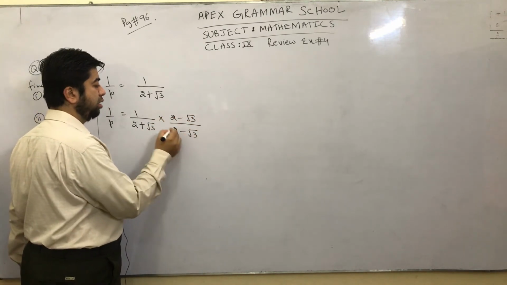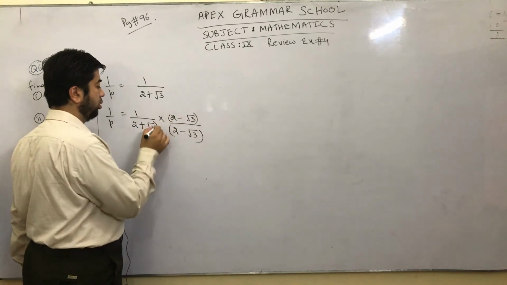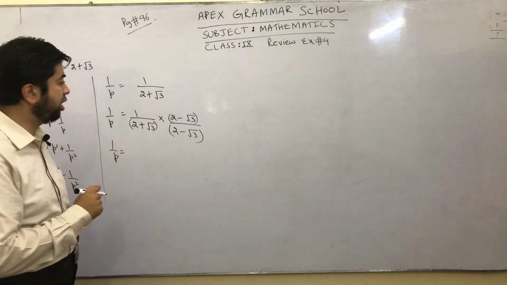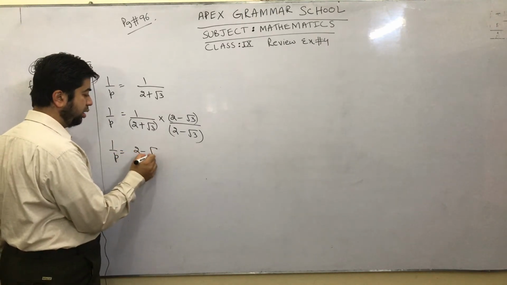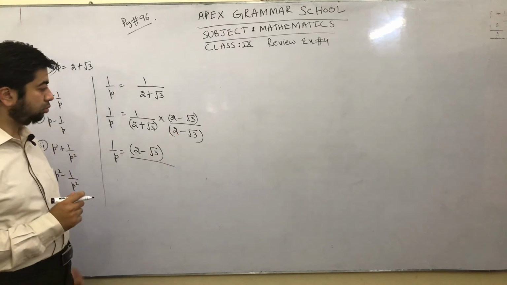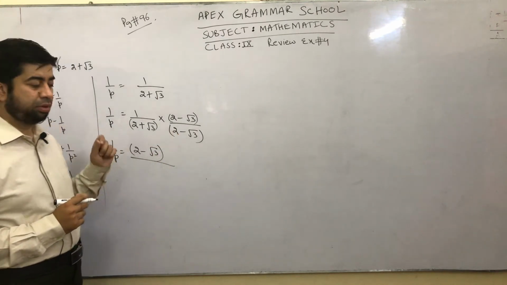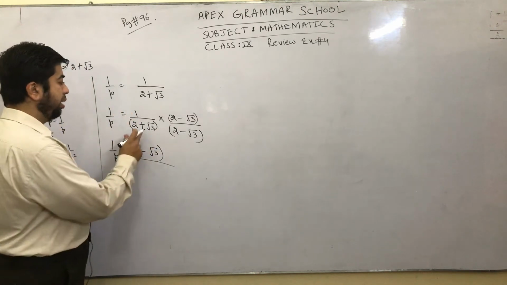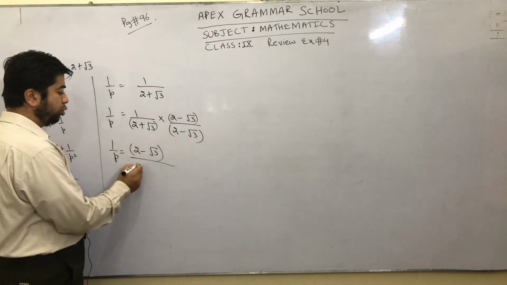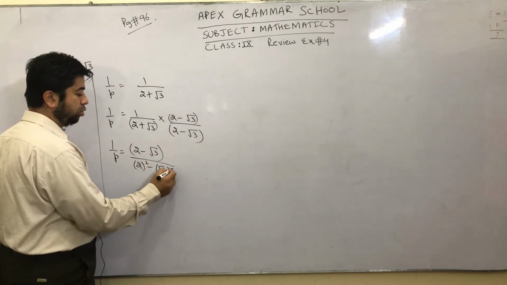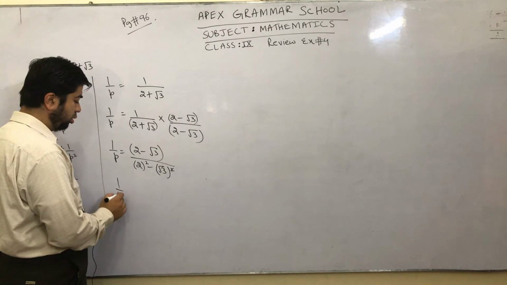Multiply and divide it now. Numerator with this numerator, that is 2 minus square root 3, and denominator with this denominator. You see that this is of the type a plus b into a minus b, which means a square minus b square. So the square is cancelled with the square root.